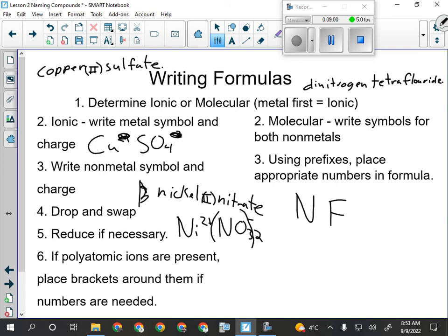Okay, using the prefixes, place the appropriate numbers in the formula. What does di stand for? 2. What does tetra stand for? 4. Okay. Everybody all right with that? Molecular ones are pretty easy. Okay, so those are our kind of basic naming rules for naming chemical compounds.